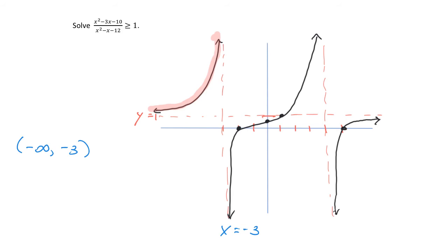But if I continue to look at the graph, here's where the graph is also bigger than 1. And at this spot right here, it's actually equal to 1, and this is x equals 1, all the way up until we get to x equals 4.